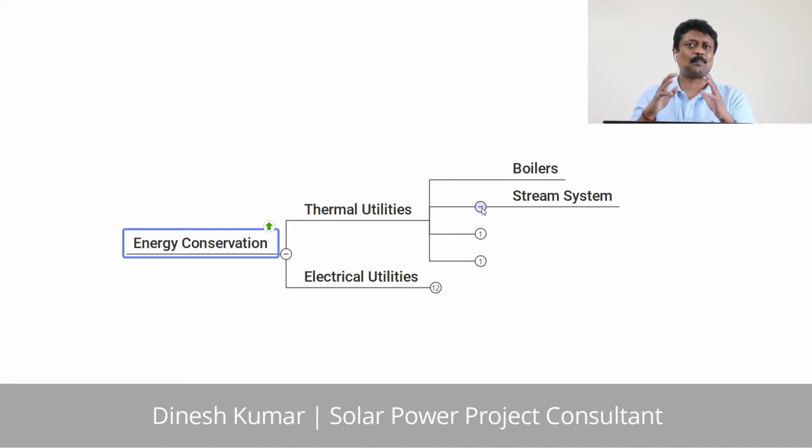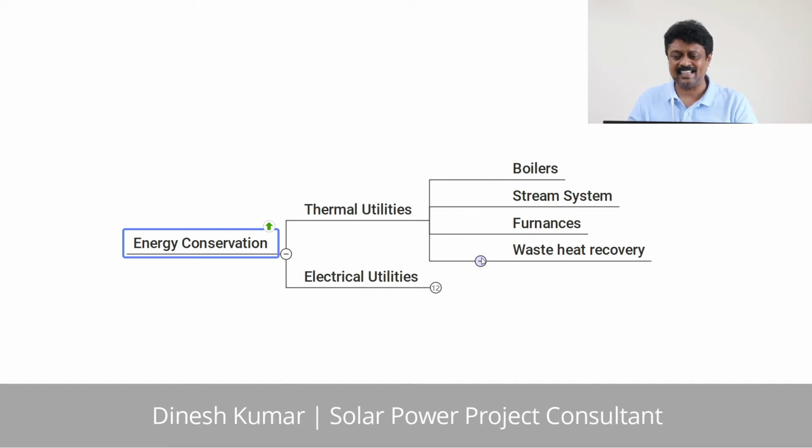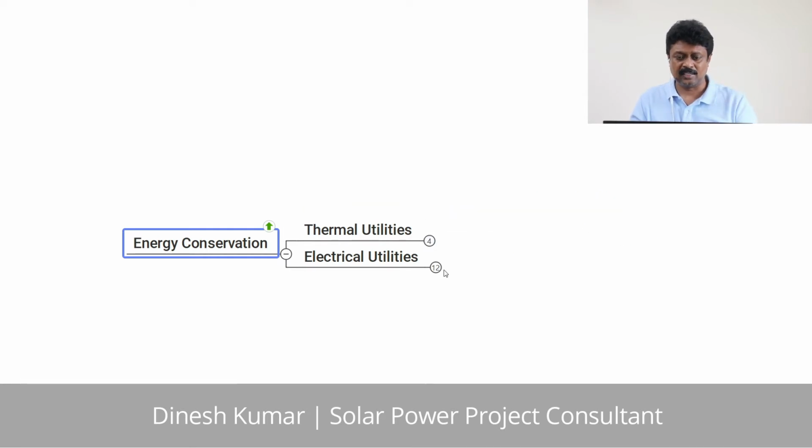Each one is a separate subject altogether. In the upcoming videos we'll be covering all of this step by step. Right now we'll just understand that if you have any of this, or furnaces, or waste heat recovery, you can conserve the energy. This is as far as the thermal is concerned.